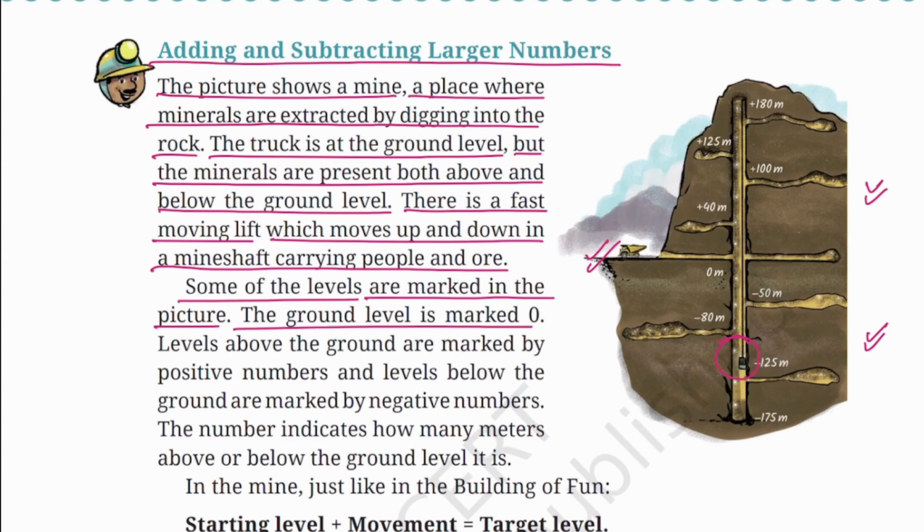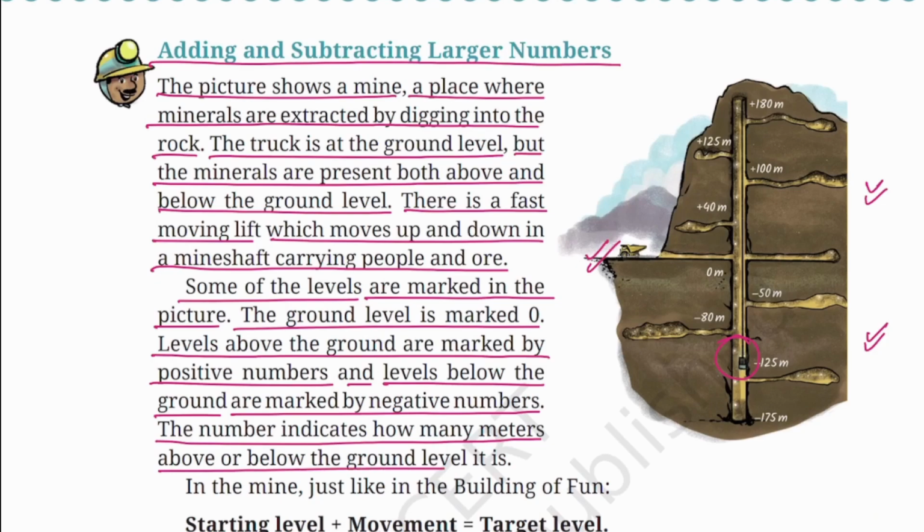The ground level is marked 0. Levels above the ground are marked by positive numbers and levels below the ground are marked by negative numbers. The number indicates how many meters above or below the ground level it is.